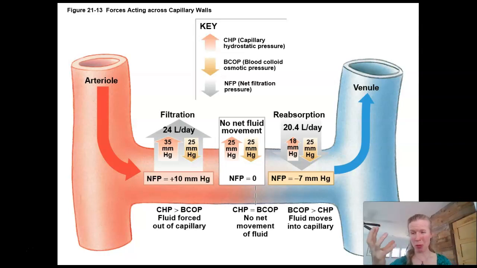Remember the salts or the proteins in the blood that hold things into the capillaries. If the blood pressure overpowers that drawing in of things like the solutes, then we're actually going to push fluids out of the blood supply, and vice versa as well. If the colloids inside of the blood, salts, protein cells, can draw water in over the action of that hydrostatic pressure, you'll actually pull fluids into the blood vessels.